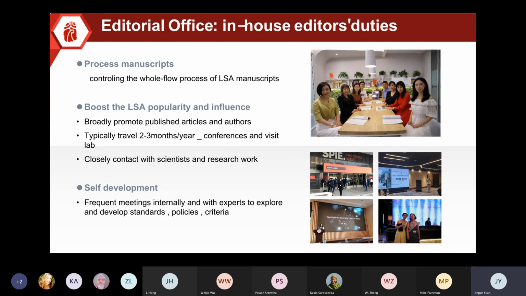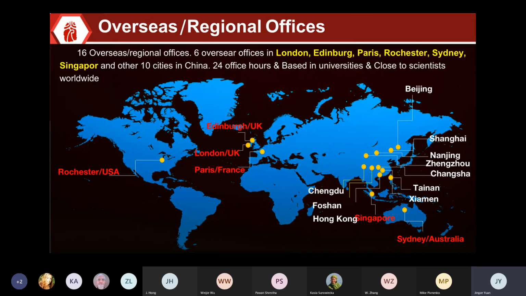We also have a team of in-house editors in the Changchun office. Here is a photo of our team. In-house editors' main duties are maintaining the functions of ELSA and boosting ELSA's popularity and influence as well. In addition, ELSA has also built up 16 overseas and regional offices. They are all hosted by ELSA's editors or the scientists who strongly support the journal.